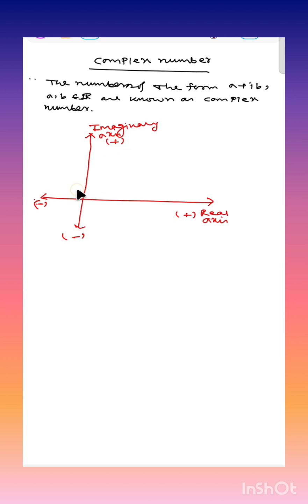And this is the origin, where the real part is 0 and the imaginary part is also 0. It is the distance a and it is the distance b.